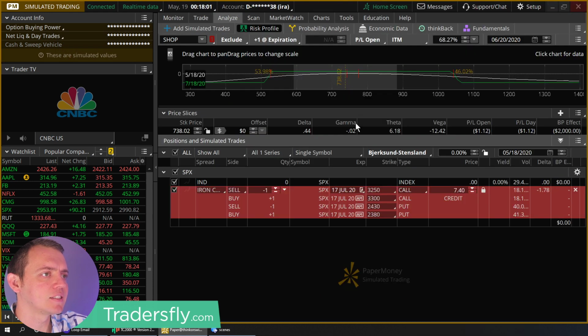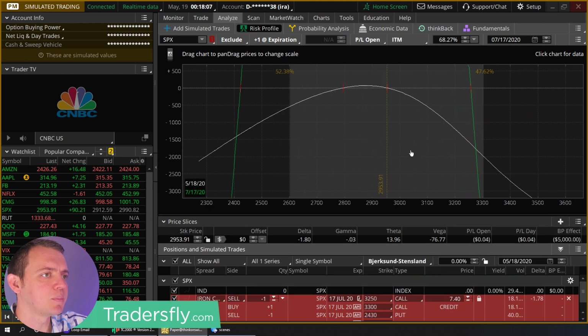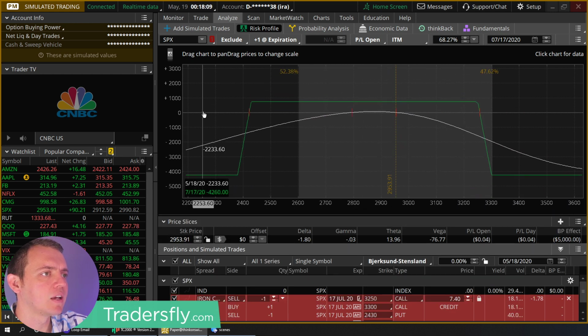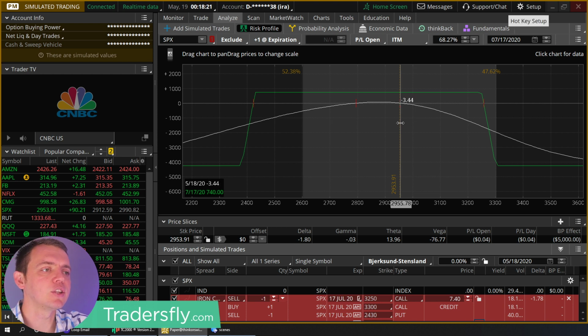So as I analyze this trade, now you can see with the S&P, I get much more of a normal situation like this versus the Shopify that you saw. Here is a 10 delta on both sides. And this is the typical way you will see 10 delta on both sides: based on a negative vega, you'll have a little bit of negative delta here as well.